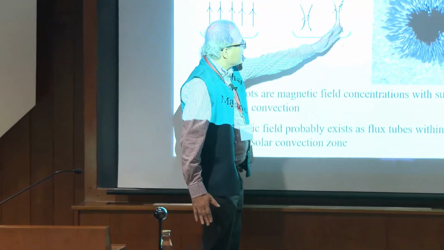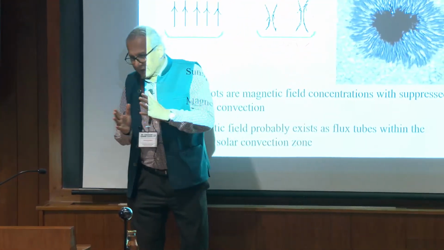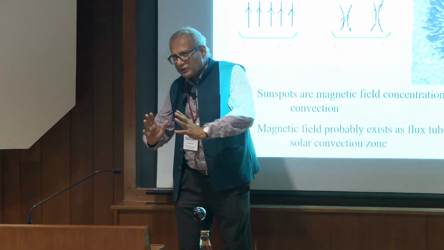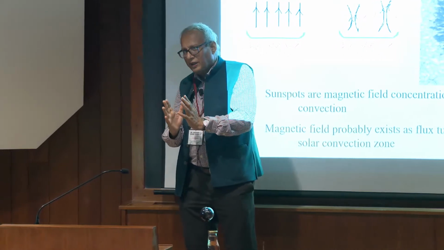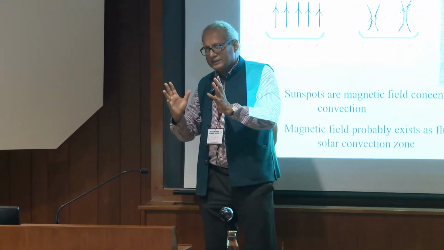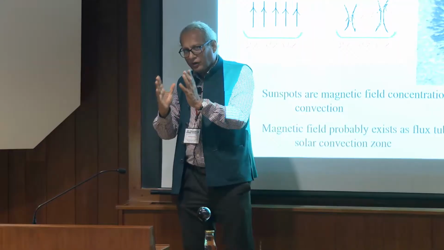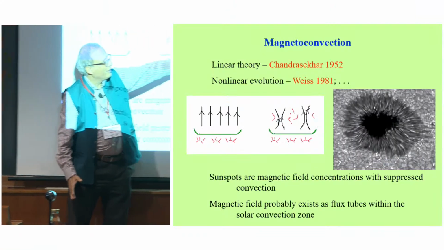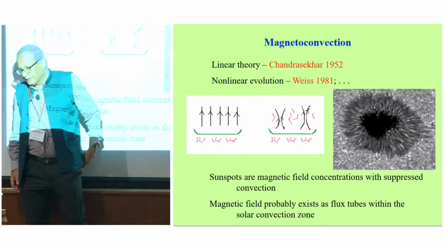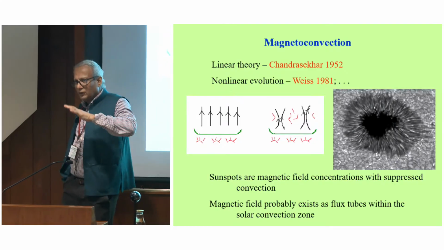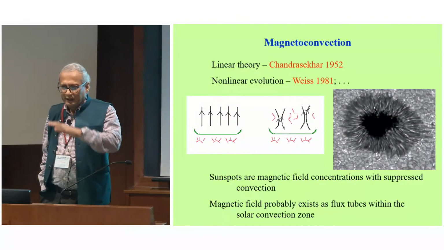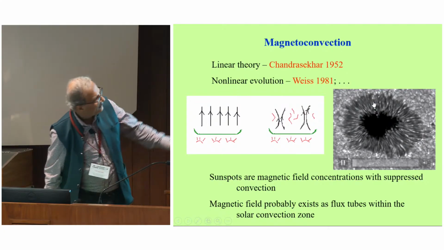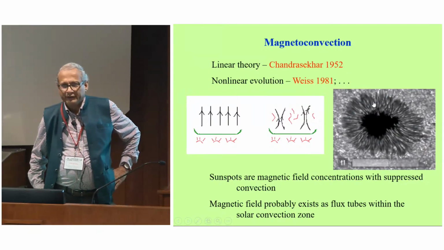A sunspot is essentially a region where the magnetic field is confined by interaction with convection, and because of the magnetic tension inside the sunspot, that inhibits convection. So convection becomes much less efficient, and that's why heat transport is less, and that's why these regions are colder and appear darker compared to the surrounding region, where convection is taking place.